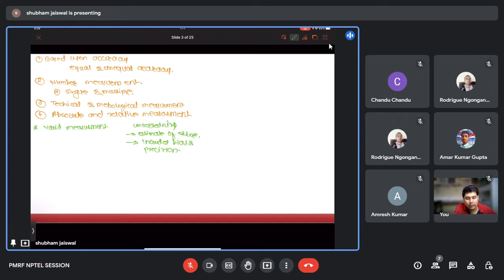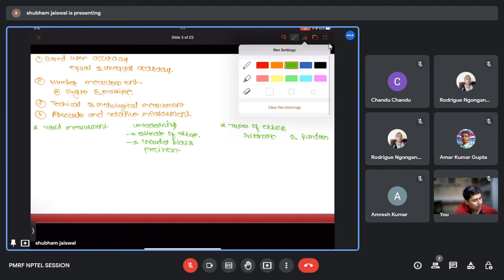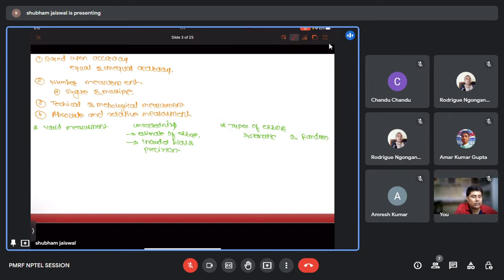After that, we have seen some types of error. In types of error, we have seen the systematic and random error. Okay. In systematic error, the error values will be the same, and it will come when we perform the experiment the same way.